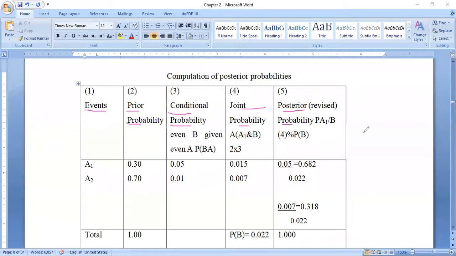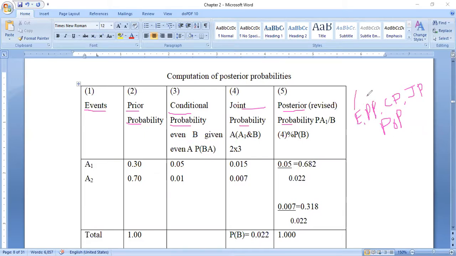I am writing here again: E, PP, CP, JP, then PRP, P capital R small p.